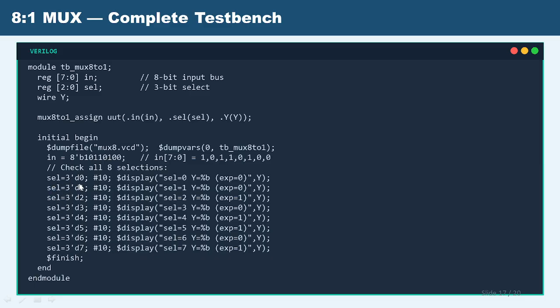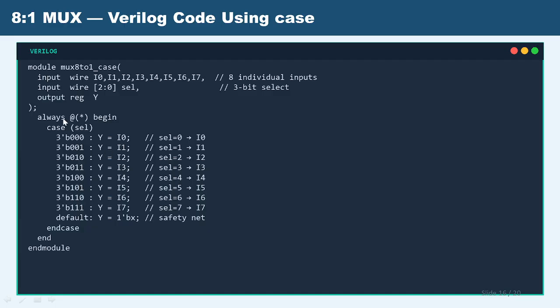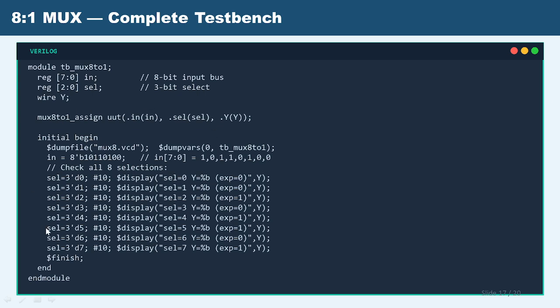After that, here you have used 3'd1, where d means decimal, while b means binary. So you need to mention every binary value, 000. But here you have used another method: 3'd means decimal values, like 0, 1, 2, 3, 4.